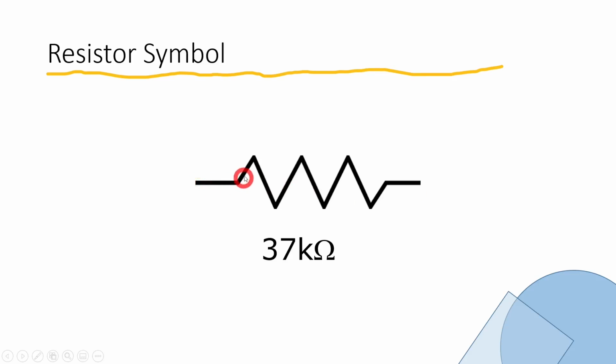That's what the symbol's trying to show. It's basically a wiggly part of the road for the electrons moving along in this circuit. So that is our symbol for a resistor. And typically we just put the value of the resistor either to the bottom or to the right of the resistor when it's in our drawings.